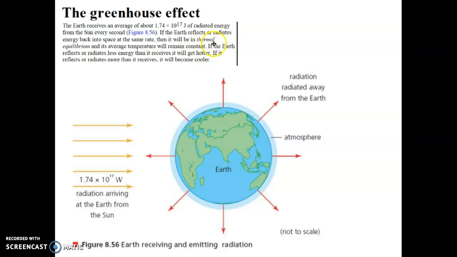We need to maintain a thermal equilibrium and ensure that the average temperature will remain constant. So this energy in has to balance the amount of energy that is radiated away from the atmosphere. If the Earth radiates less, then the temperature will increase. If the Earth radiates more, then our temperature will go down.